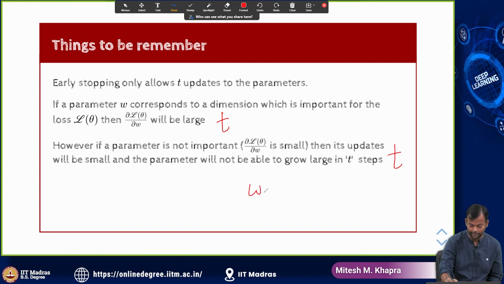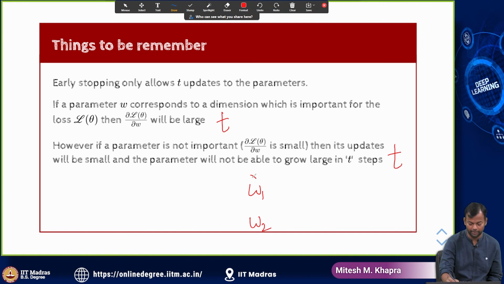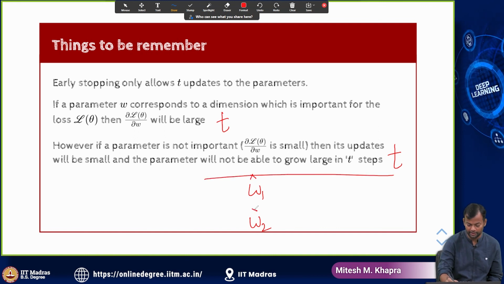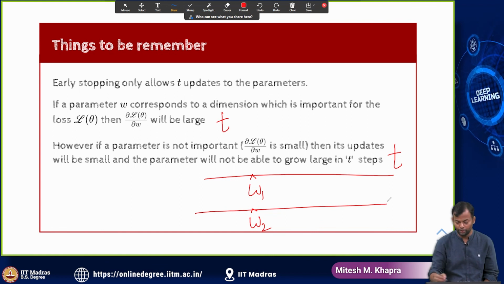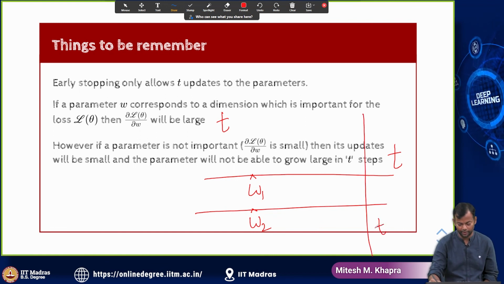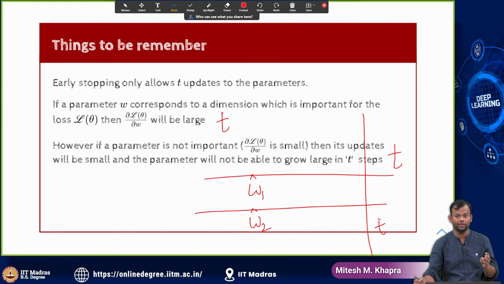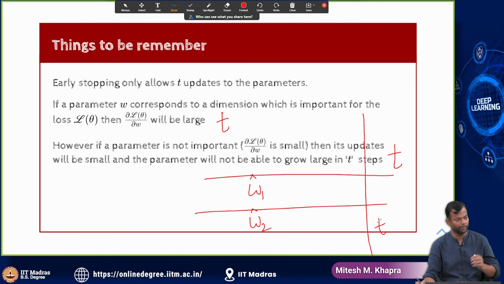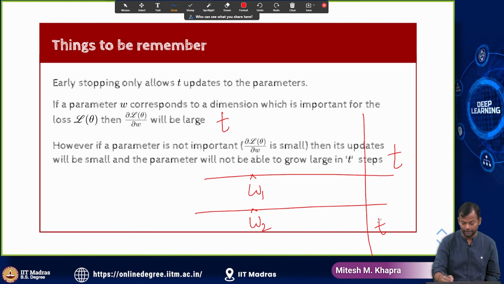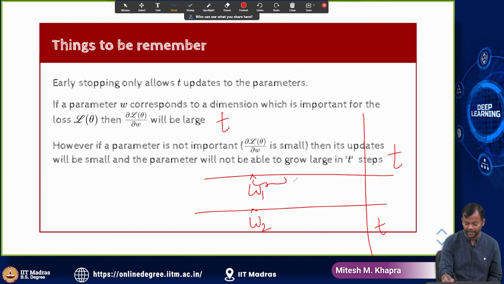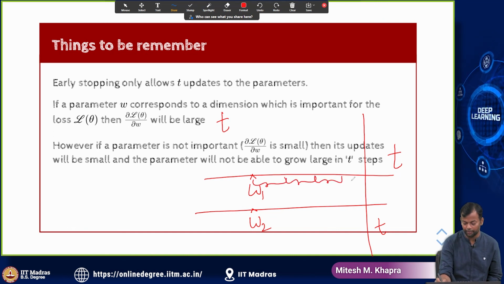So now let's look at one important parameter W1, and let's say W2 is not an important parameter, right? You started at, say, 0 for both these parameters. Now you are allowing both to update for T time steps because you're stopping the training at T time steps. You're not stopping it for one parameter, you're just stopping it completely. Now for W1, you would have had larger updates because it was an important parameter.